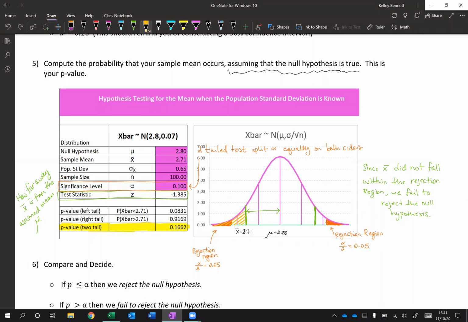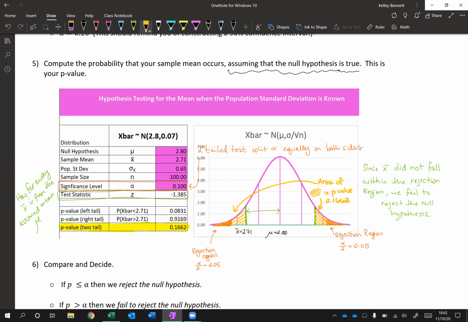So the p-value is telling you the area. What is the probability that another sample would have a sample mean that's even further away from you? So the probability of this shaded region, that's your p-value, and it was 0.1662.